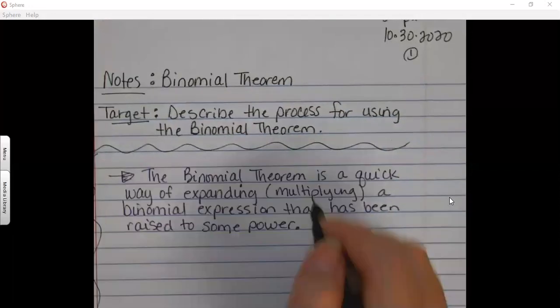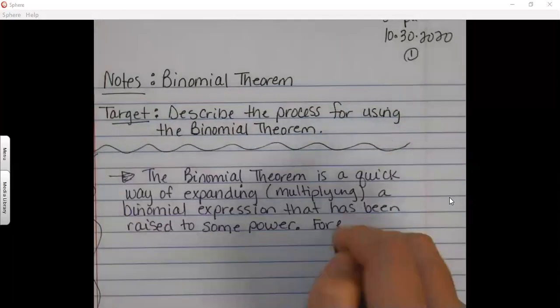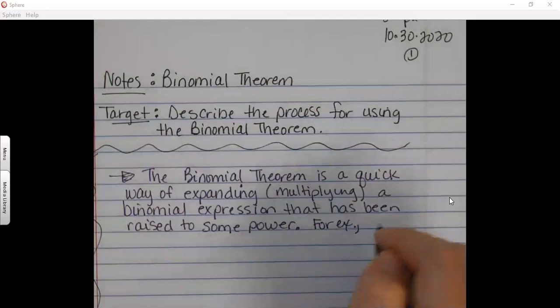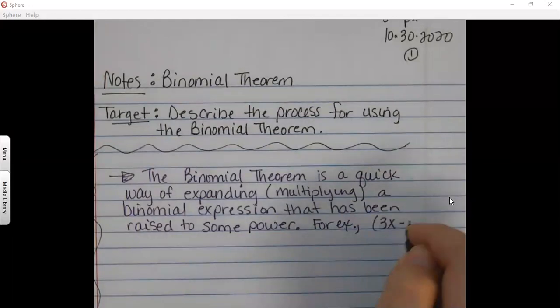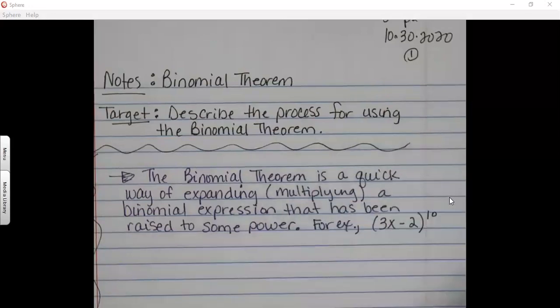So, for example, 3x minus 2 quantity raised to the 10th power would be very time consuming to multiply by hand.